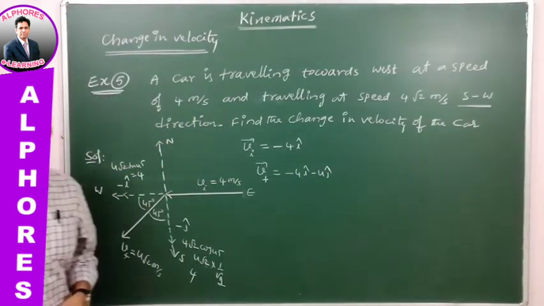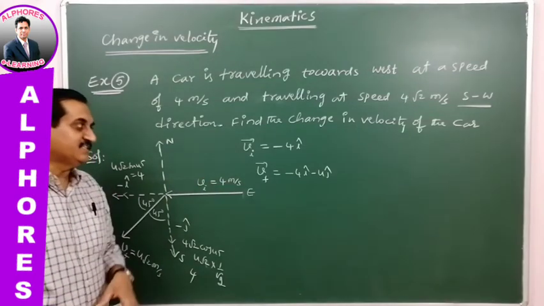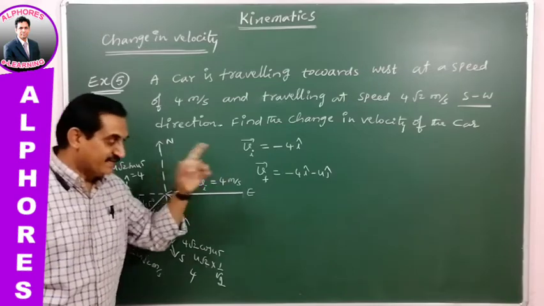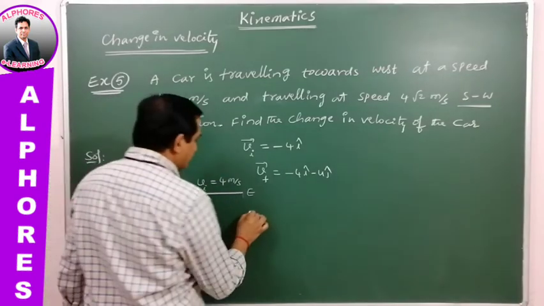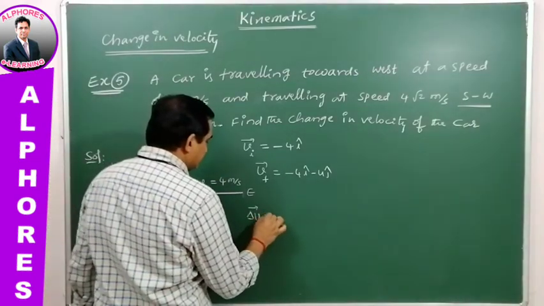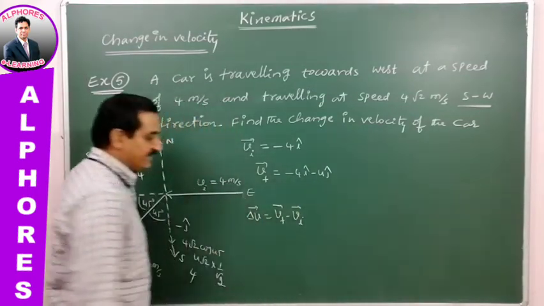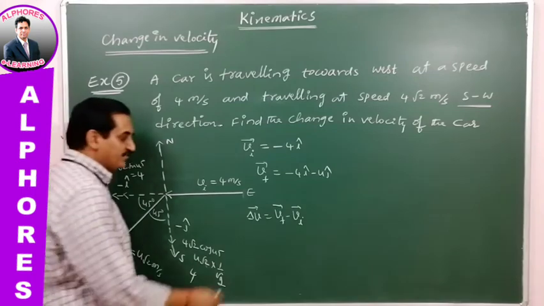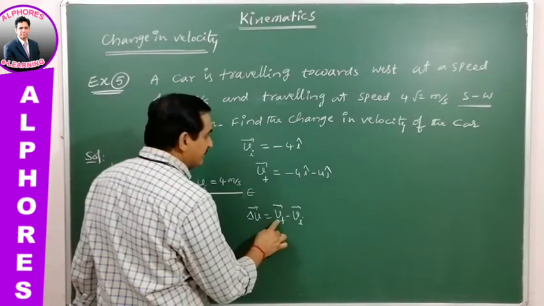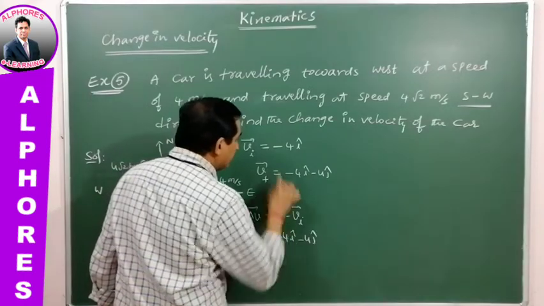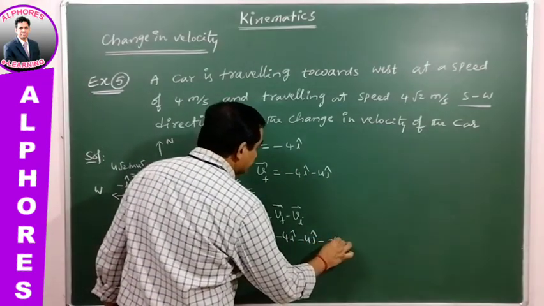This is final velocity. And initial velocity in vector form is clearly given, and final velocity in vector form is given. Then change in velocity equal to V final minus V initial. This is the fundamental formula, that equal to final velocity minus 4I minus 4j minus of minus 4I.